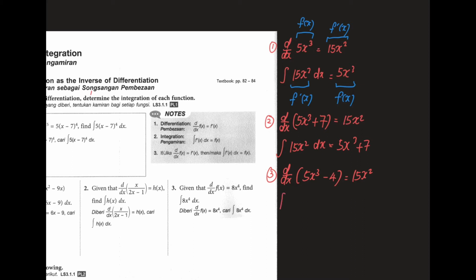Because of that, when you integrate 15x squared dx, you go backward from 15x squared and come back to this, and then you will get 5x cubed minus 4.